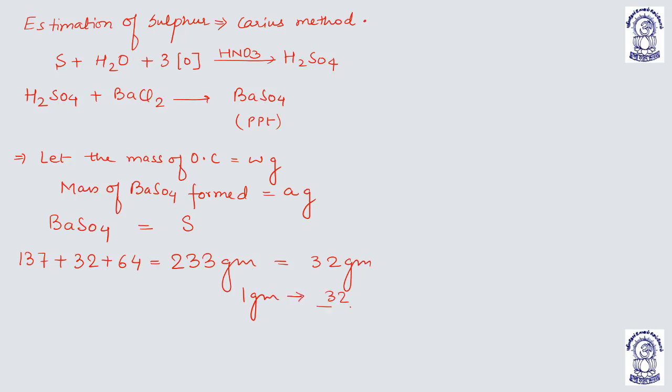So 1 gram of barium sulfate will give 32 upon 233. A grams will give 32 upon 233 into A, into 100, upon weight of organic compound.